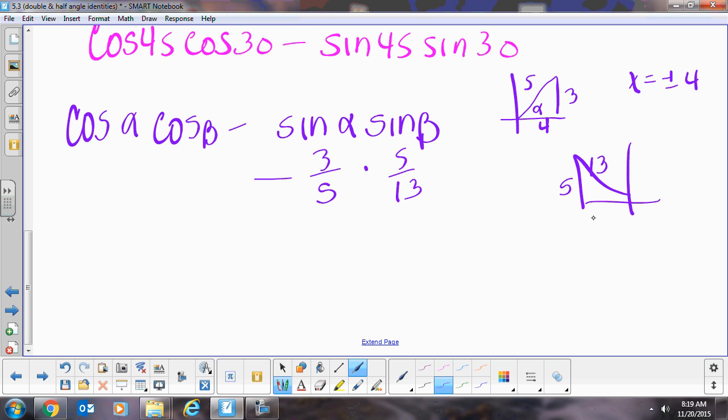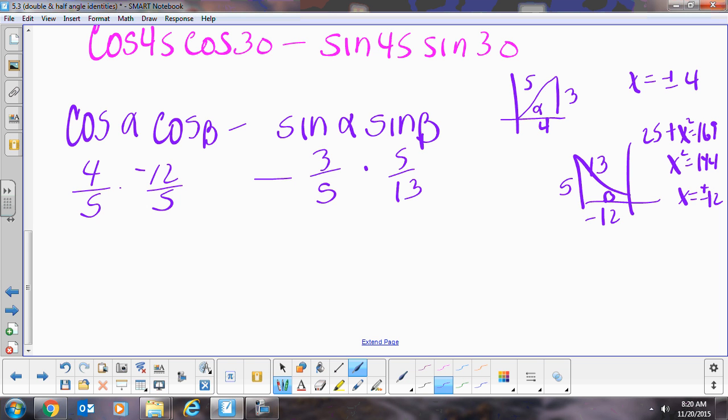No. So 25 plus x squared equals 169. x squared equals 144. So x equals plus or minus 12. Which one do you choose? Okay, so now I need cosine alpha, which is going to be 4/5, times cosine beta, which is going to be negative 12/13. Did you get negative 48 over 65 minus 15 over 65?